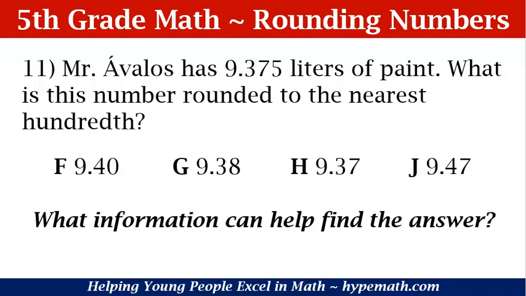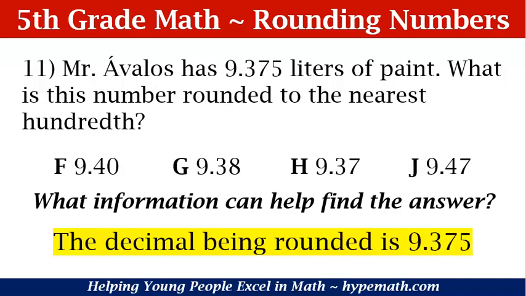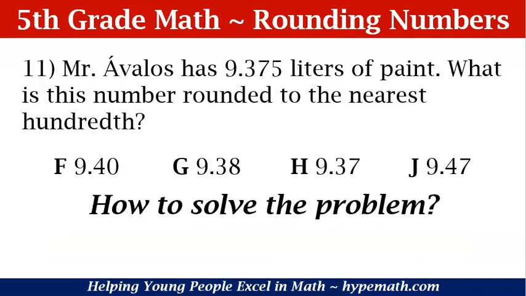What information can help us find the answer? The information that can help us find the answer is that the decimal being rounded is 9.375 and it is being rounded to the nearest hundredth place. How do we solve this problem?